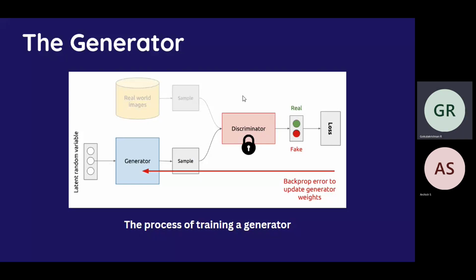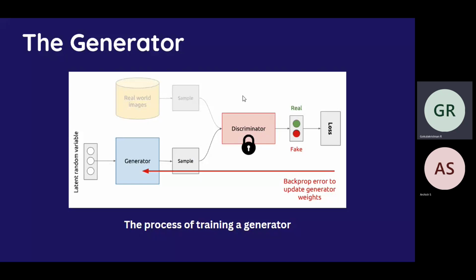If the discriminator classifies it as a real image, there is no issue. We don't need to do anything. But the problem comes when the discriminator correctly identifies that the generated sample is fake. So we'll calculate the loss function, find the gradient with respect to the parameters of the generator, and then update the parameters of the generator.